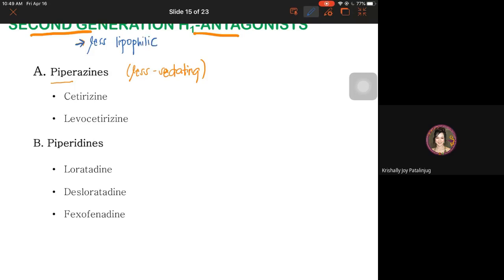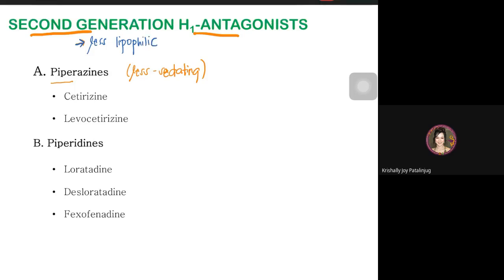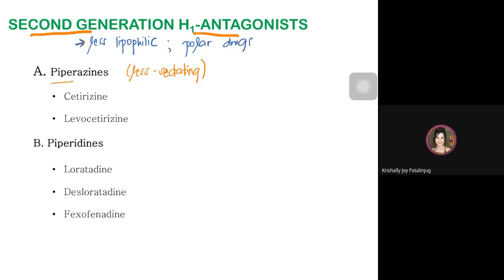So yung second gen, the reason bakit less sedating sila because lesser yung lipophilicity ng mismong group of drugs. So ang atong makita sa ilang structure are more on polar structures. Okay, so they are said to be polar drugs. Whereas kanina, yung first generation H1 blocker, they are non-polar, highly non-polar.